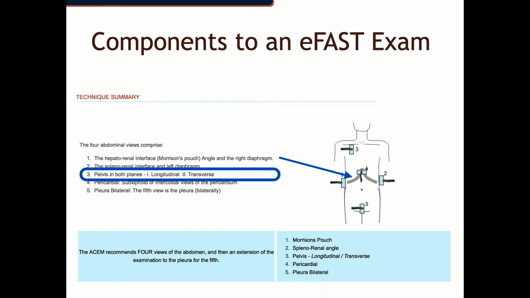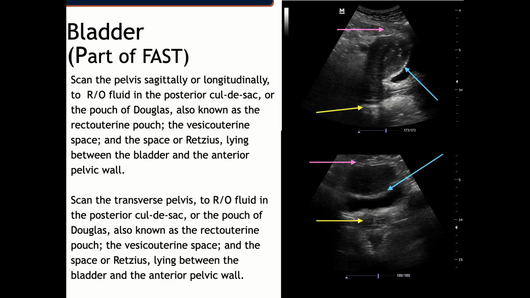Then we're going to go to the pelvis, and pelvis must be documented in 2 scan planes. And what I want you to remember is when we think about pelvis and bladder, we call it a bladder shot for FAST, you think about setting your depth only for your bladder, but really, the potential spaces are deep to the reproductive organs.